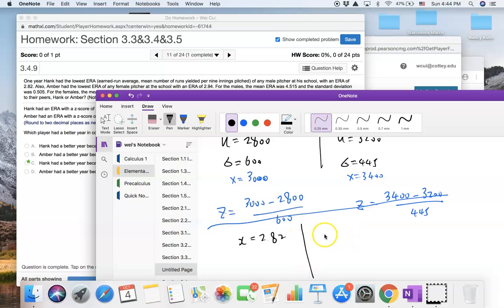And for Amber, she had 2.94. And we're given that for the males, the mean ERA was 4.515 and the standard deviation was 0.505.